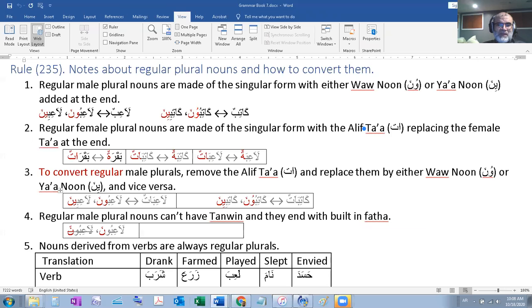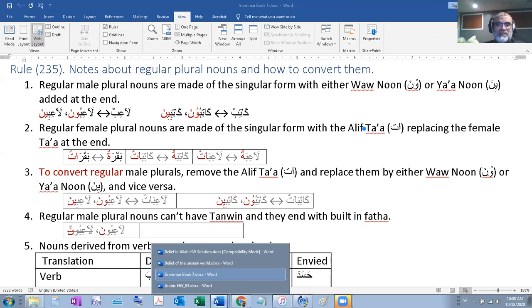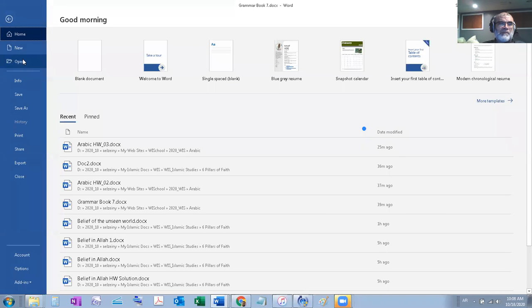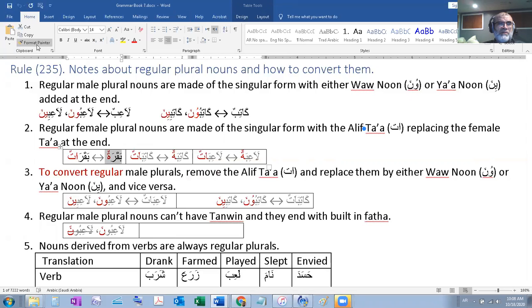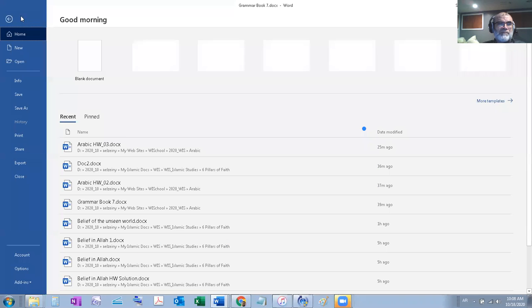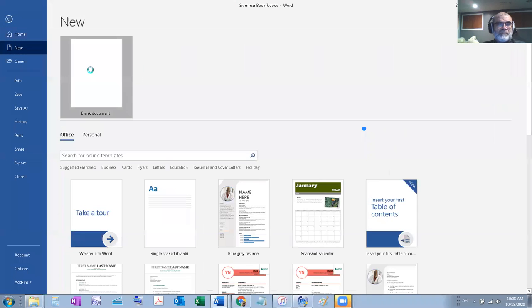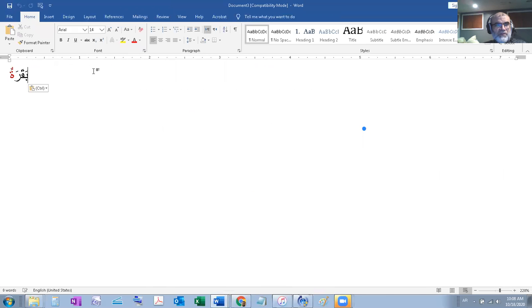Because I've seen one of you in the homework, he or she, I don't know, took بقرة like that and added ألف تاء.